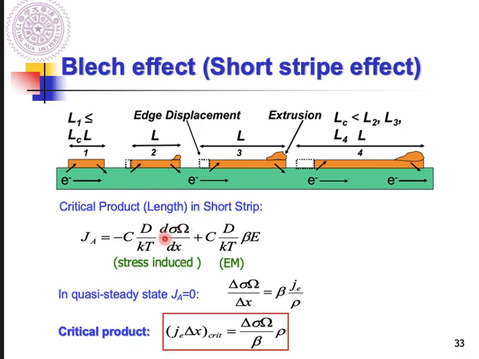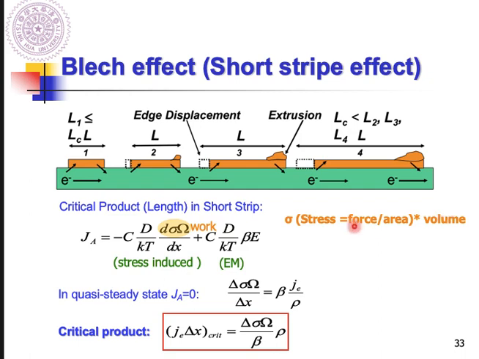So the driving force can be written as what? You take the gradient of the work, so it's a minus gradient of the work. Here the work you can get from the stress times the volume. For example, stress is the force applied on a unit area, right?